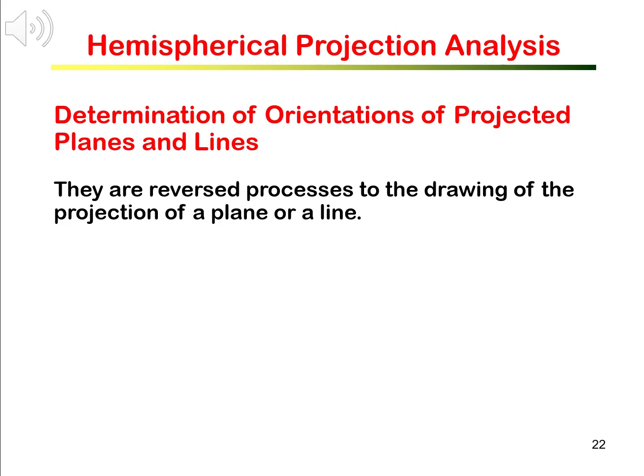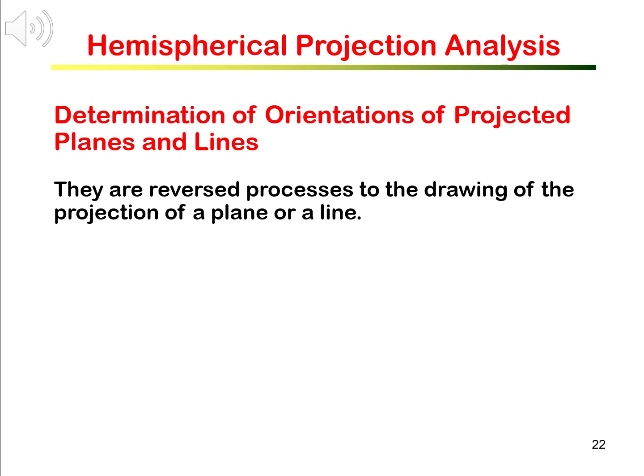Sometimes you need to determine the orientation of the projected planes and lines. Well, you just need to reverse the projection processes we just did for the planes and the lines to find the direction and inclination of the line or the plane.